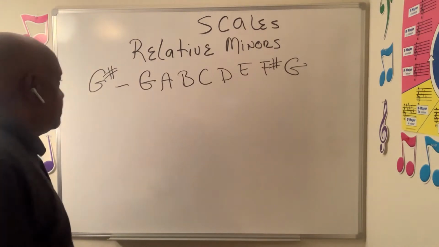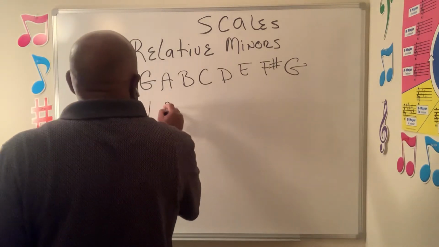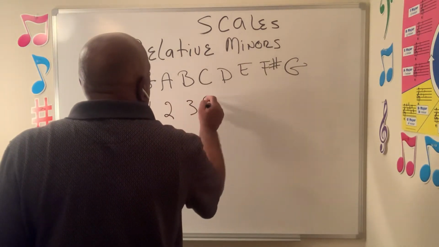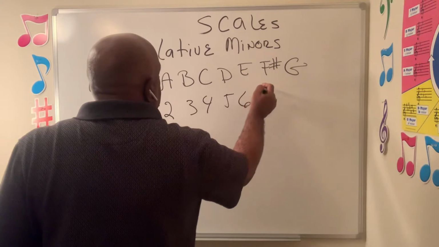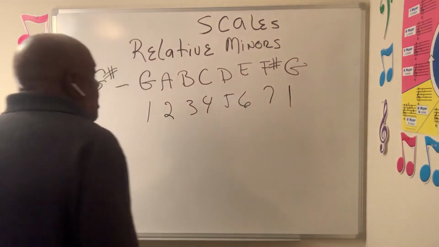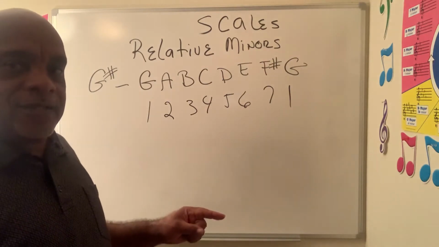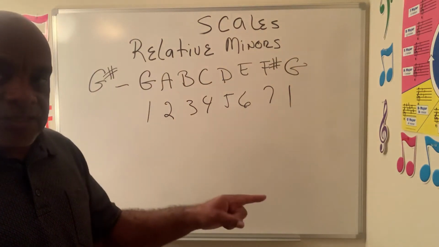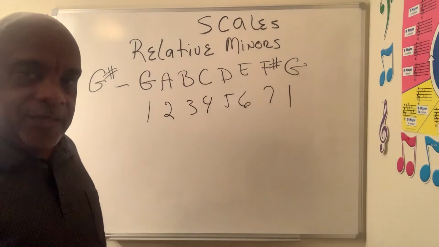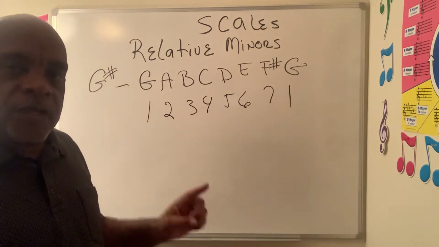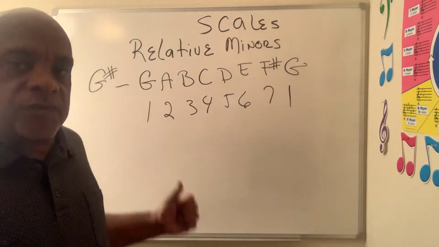All right, let's see. We've got 1, 2, 3, 4, 5, 6, 7, back to the 1. Remember what I said. The relative minor is the sixth of the major scale.